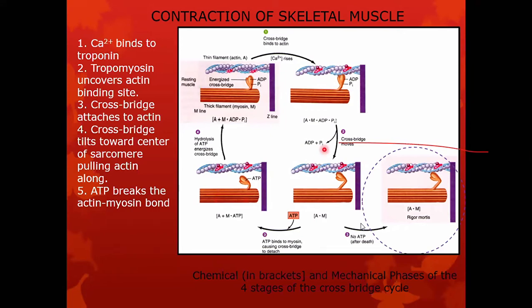So the binding of actin to the cross bridge will spend one phosphate, and your ATP will go back to its original ADP form, adenosine diphosphate. Okay.